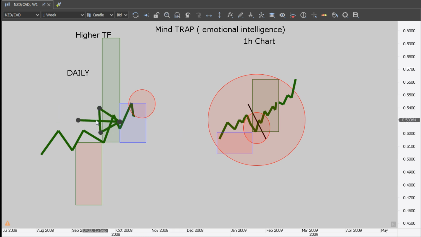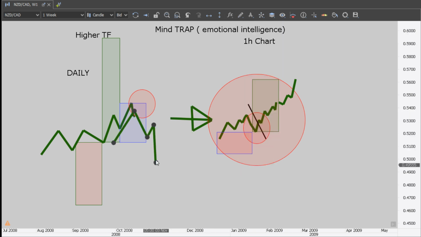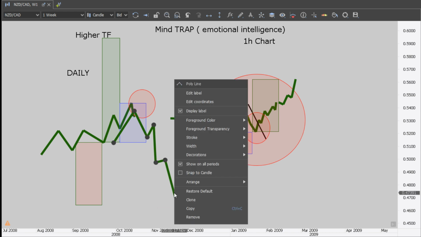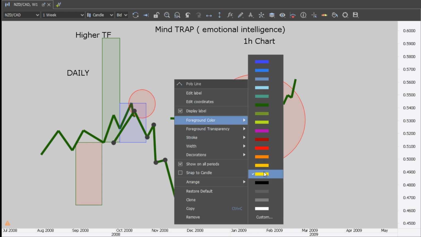Because you could win the first trade on the daily, and you could win two or three trades on the 1 hour chart. And you need just one sucker from the daily chart, and you are going to give it all back to the market, everyone.